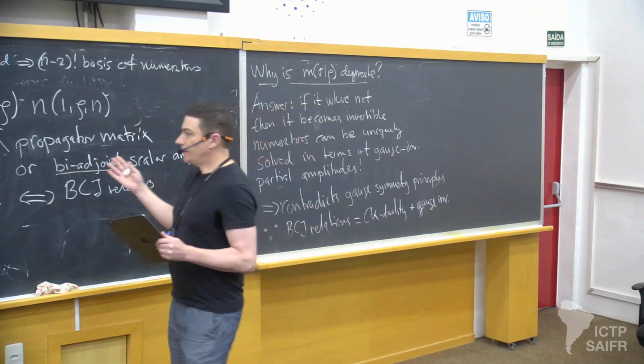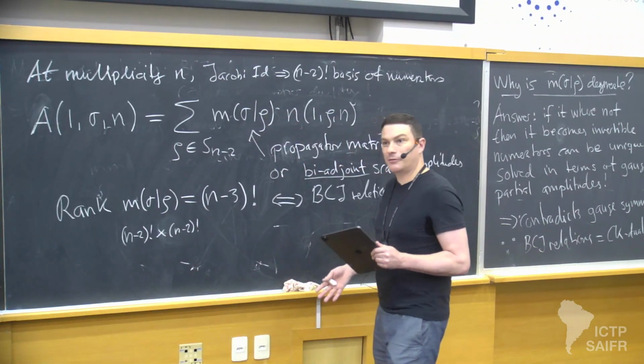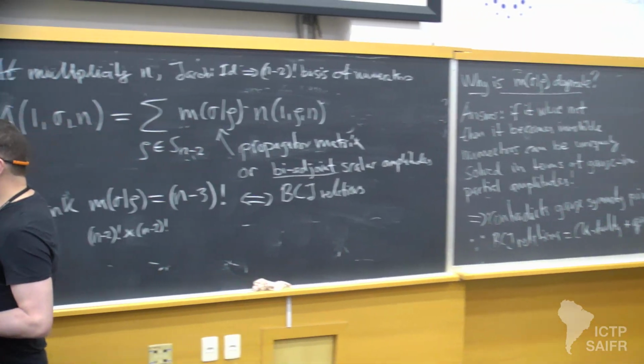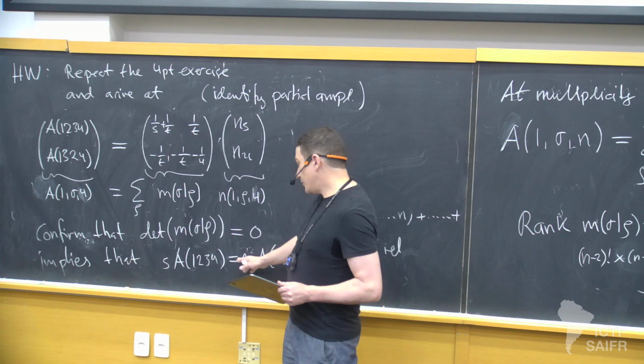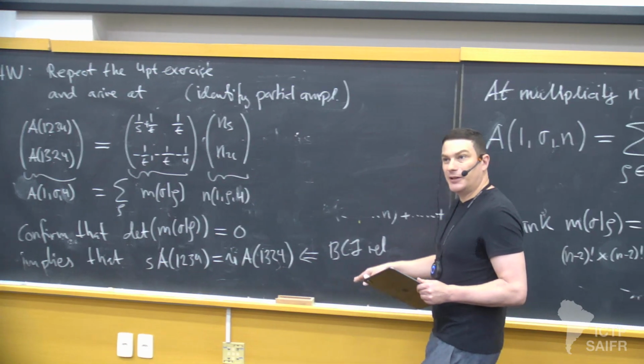At tree level, it can be useful because you just have fewer partial amplitudes to work with. But the price you pay is that if you try to solve this equation, you will get an s downstairs, right? So typically you will have stuff in the denominator.